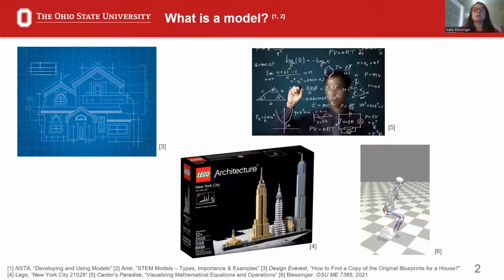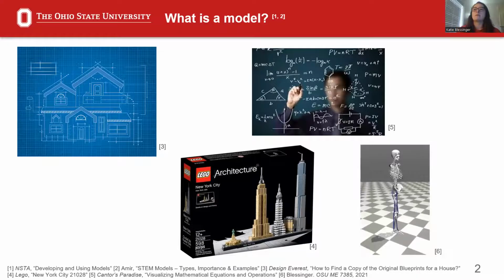Models can be diagrams like this blueprint of a house, or they can be physical replicas made of Legos or Lincoln Logs or Play-Doh, like all those fun little toys that we played with when we were kids. They can also be completely symbolic, like a list of math equations, or they can be computer simulations.